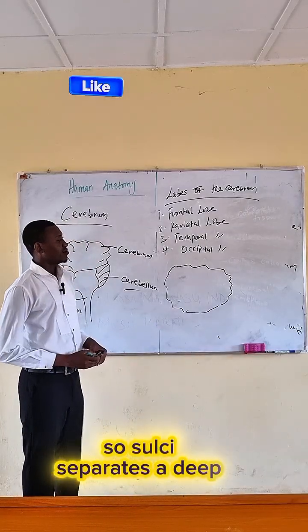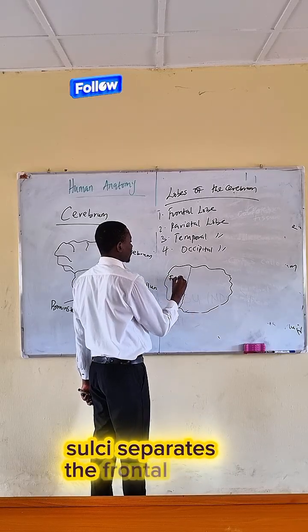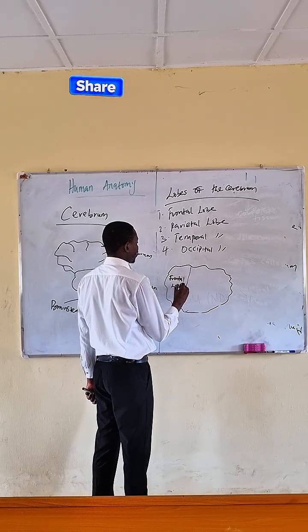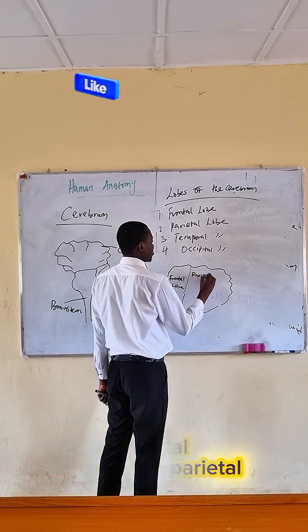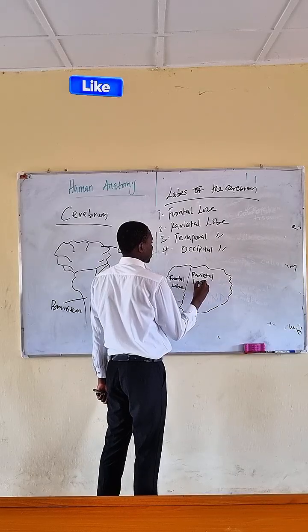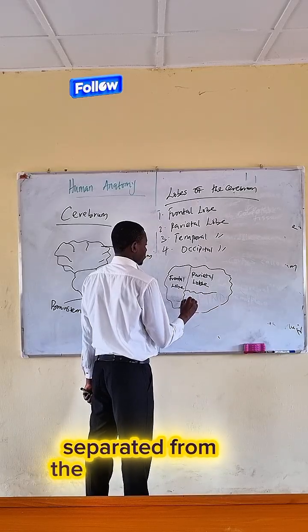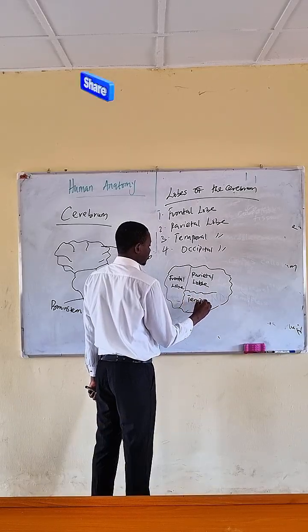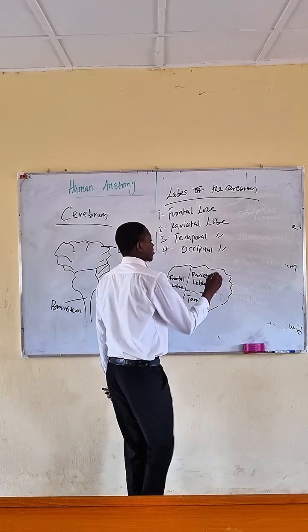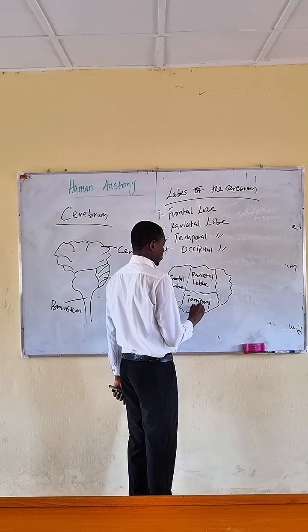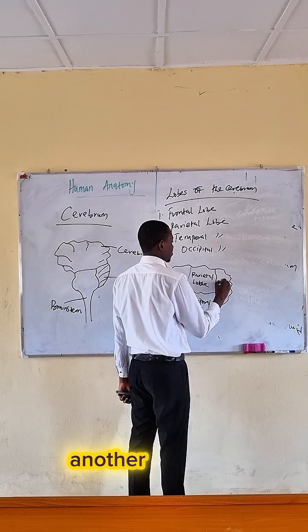A deep sulcus separates the frontal lobe from the parietal lobe superiorly, while the parietal lobe is separated from the temporal lobe by another sulcus.